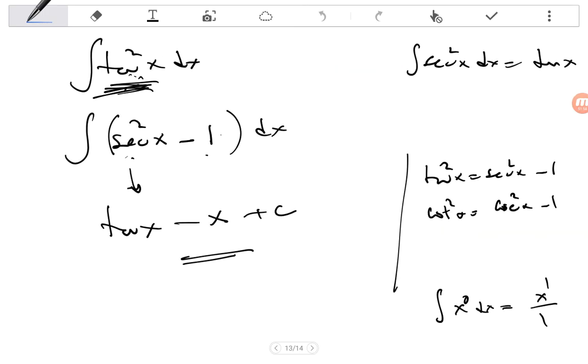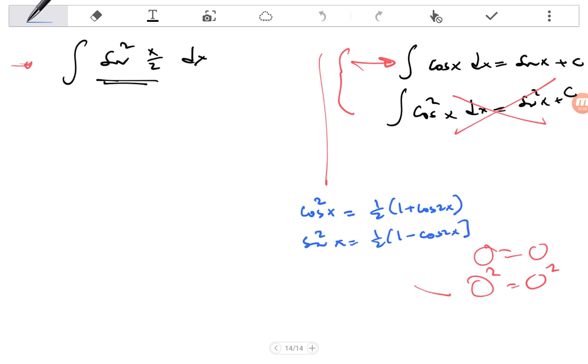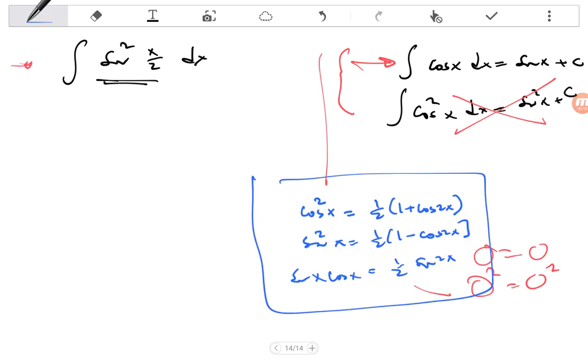And I will also put with them that rule: if I had sine x times cosine x, it will be half sine of the double angle. These three rules are very important for us. Why? Because they convert second degree trigonometric functions into first degree trigonometric functions.